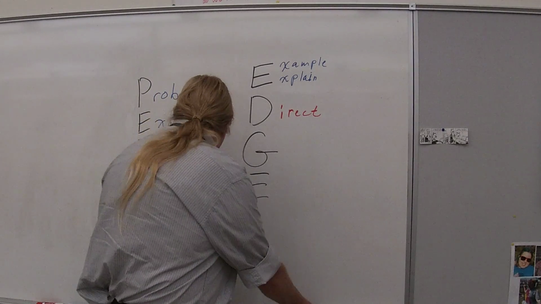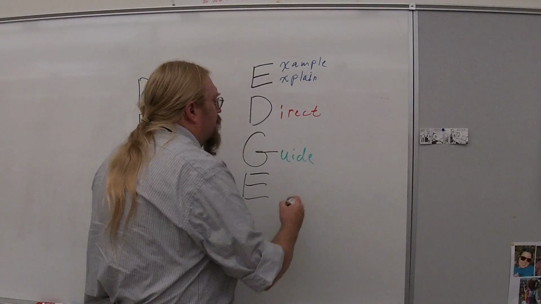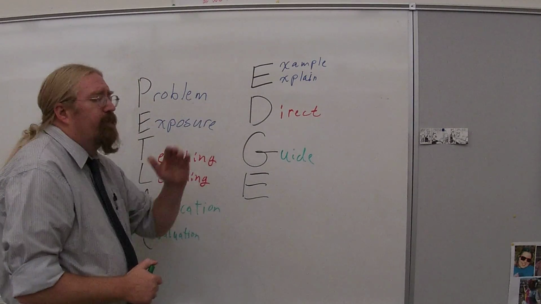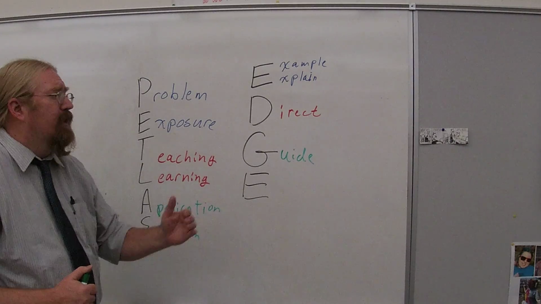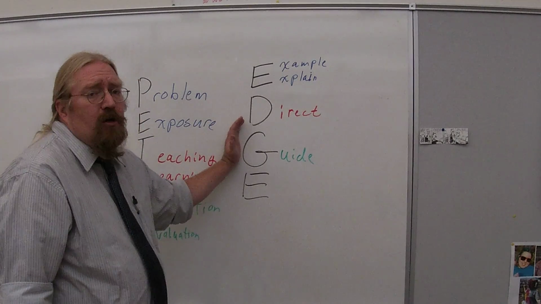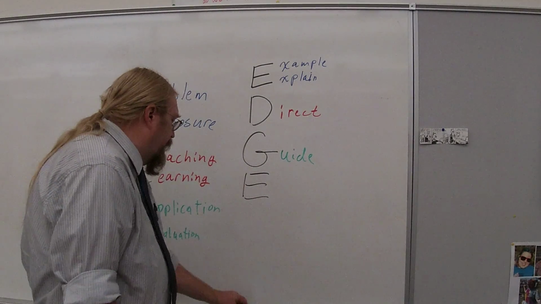The next step is guide, okay? I'm not going to say go write a paper and then not tell you the steps along the way. I'm going to say, okay, you're going to go write a paper. As you start writing, make sure to include your thesis, make sure to include your backup points.